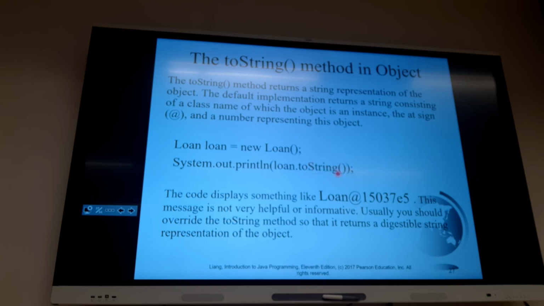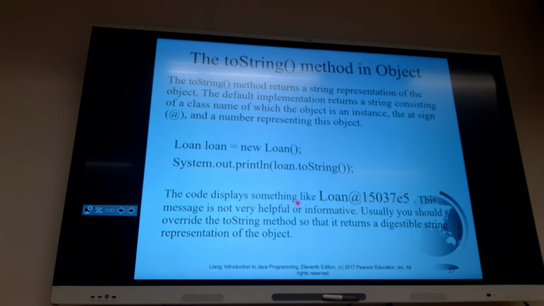In the object class. What is its default implementation? It returns the class name of which the object is an instance, then an at sign, and then a number representing this object. The code displays something like Loan@ followed by this number.